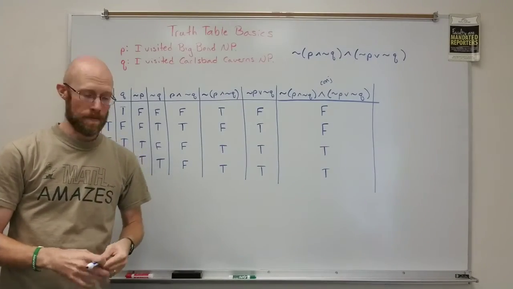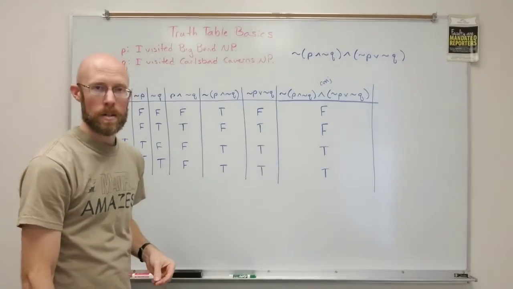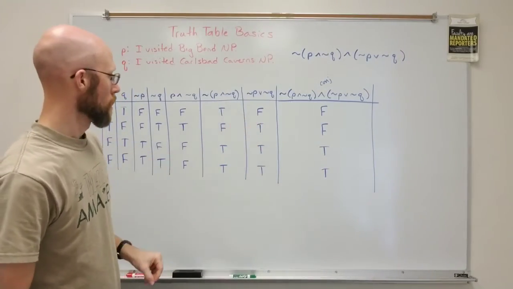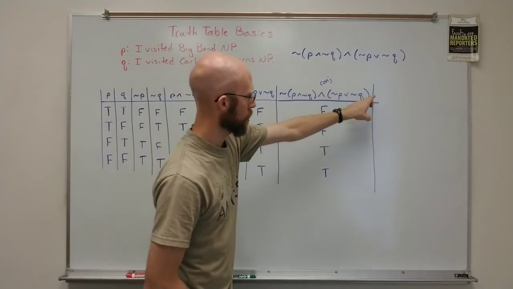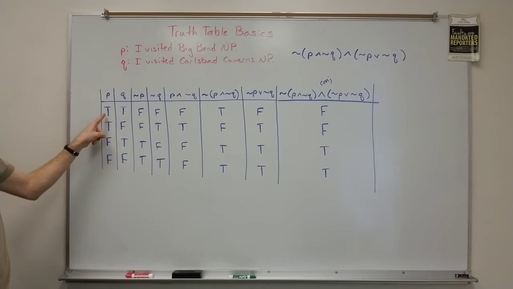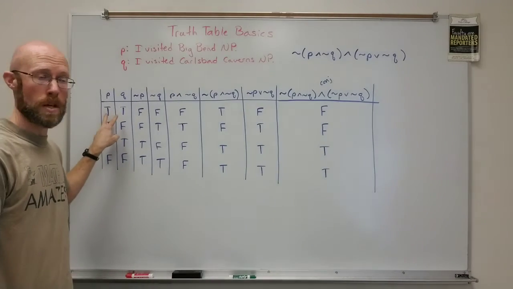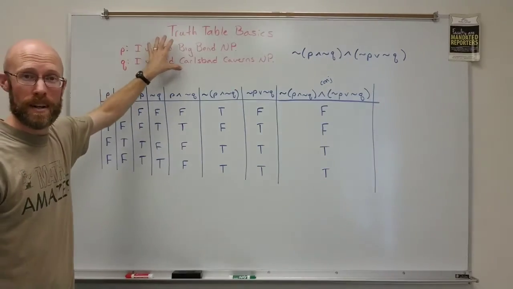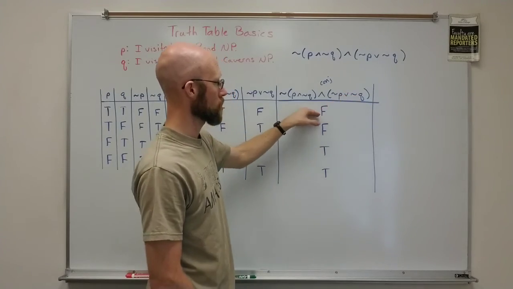What that means then is that if I go back to the original simple statements, I'm essentially saying that this complex statement is false whenever the original two statements are true. Okay, so if the original two statements are true, which they are in this case, right, I did go to those two parks, then this complex statement is false.